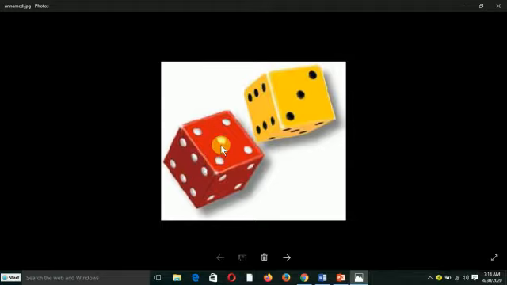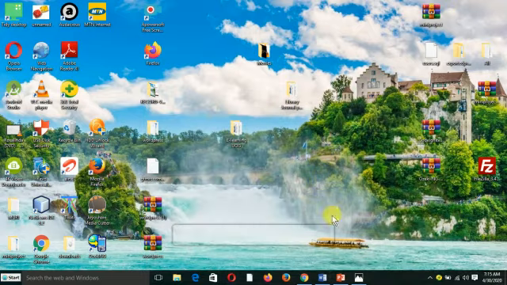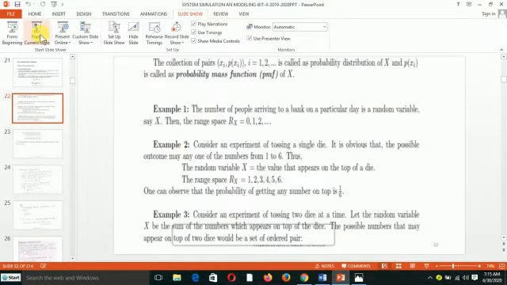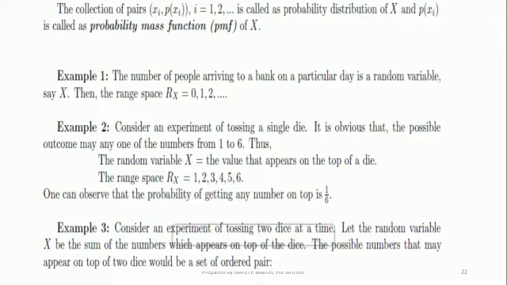This is the fifth one. So when you throw or toss a die, the value which appears on the top is the value which will be considered.